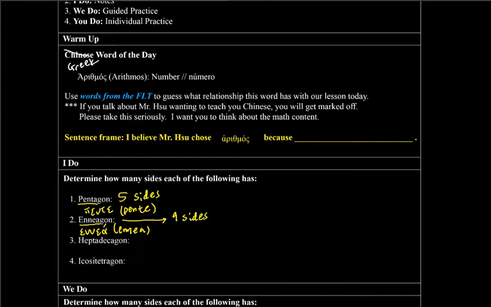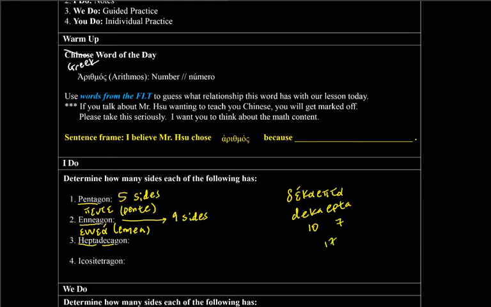Alright, so let's look at this one. This says heptadecagon. We don't have this specifically. Instead, what we had was decaepta. Decaepta means 17. 10, 7. 17.